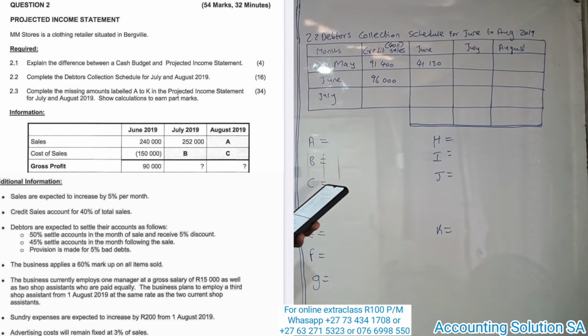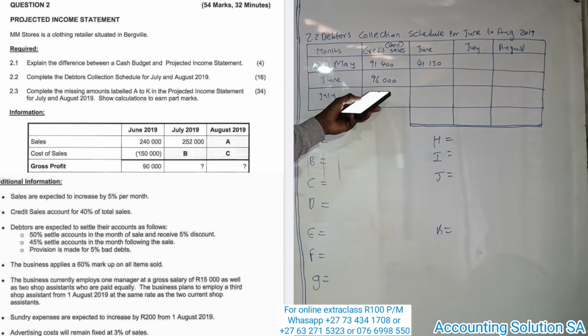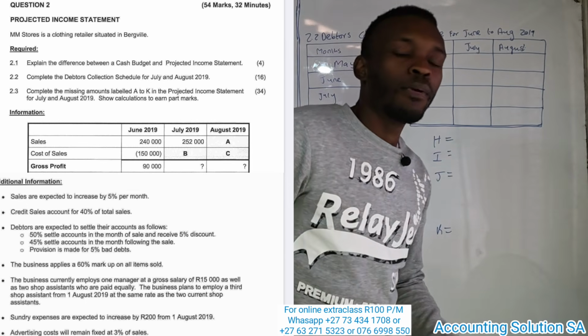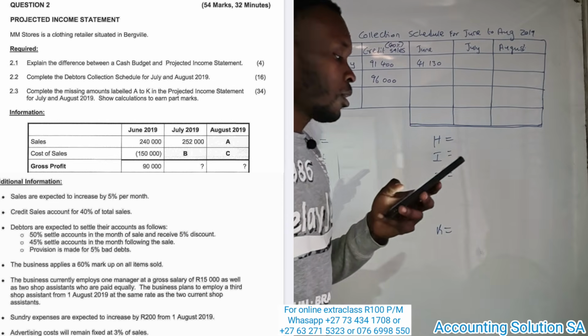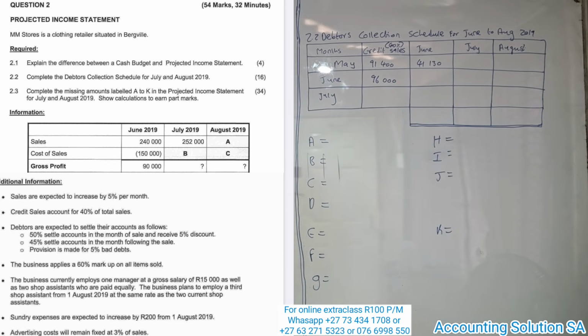Now the little problem that we have, guys, is that we don't know the credit sales of July. We have to calculate it. In July, the sales amount was given as 252,000.